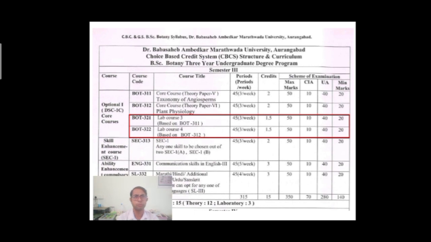From now onwards I am going to deal with the paper that is plant physiology, and along with that we are going to conduct the practicals for plant physiology also. Plant physiology is the paper which includes 3 units.